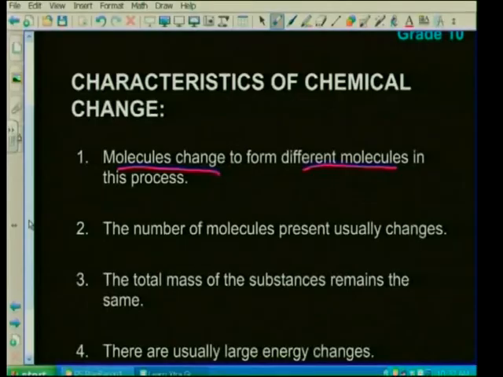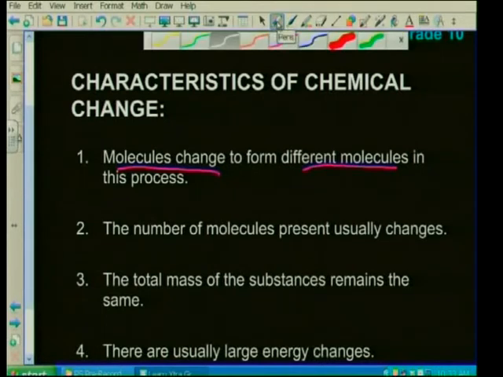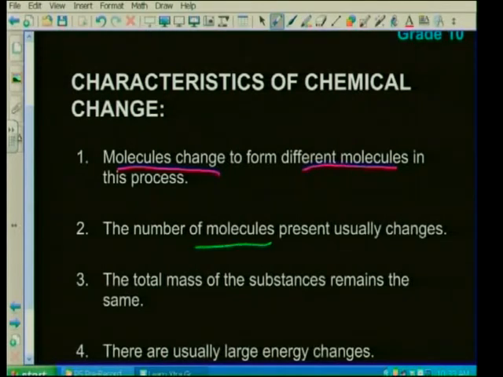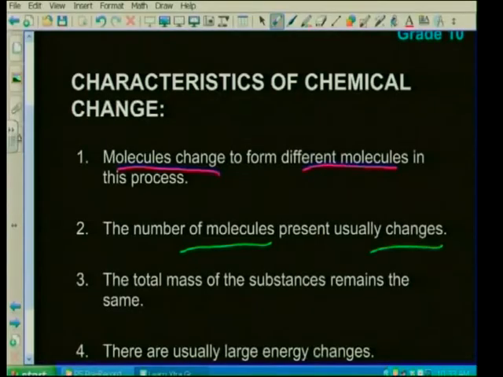Now, the important thing here is that we recognize that in any chemical reaction, not like the physical change that we spoke about, the number of molecules we're dealing with at the start usually changes, because we're making new things. Think about it like building Lego blocks.